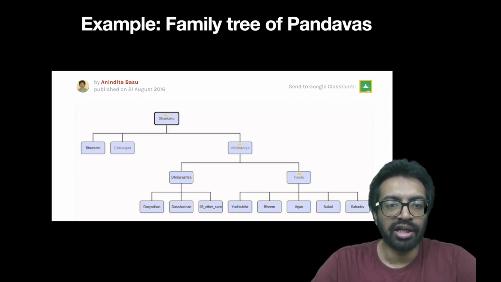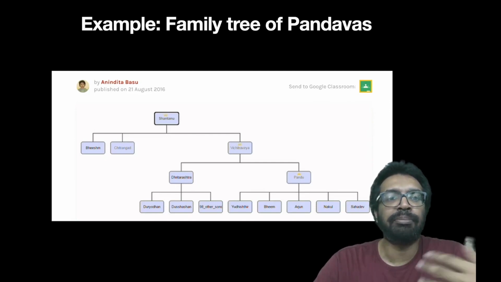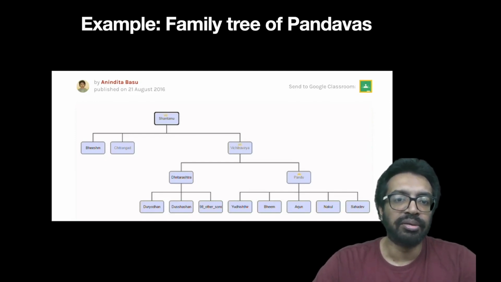For example, in the example shown on screen, Shantanu is the parent of Bhishma, and Bhishma is a child of Shantanu. This is a child-parent relationship, right? And Shantanu has three children: Bhishma, Chitraangad, and Vichitravirya. This is shown in the picture.